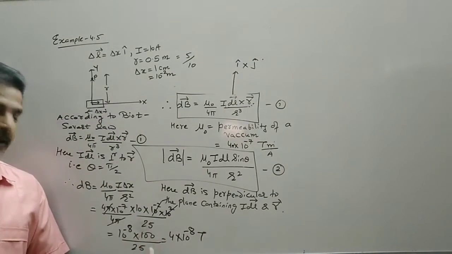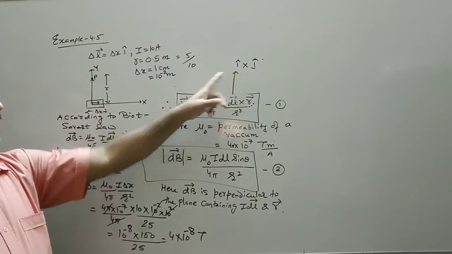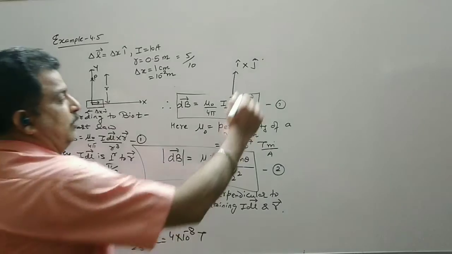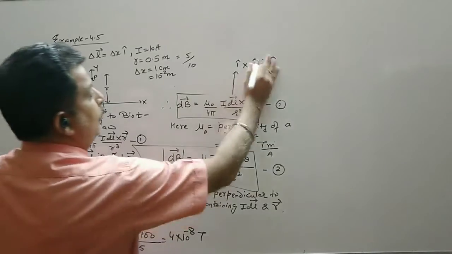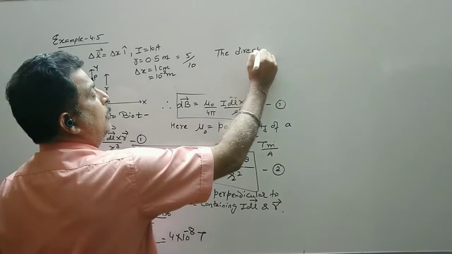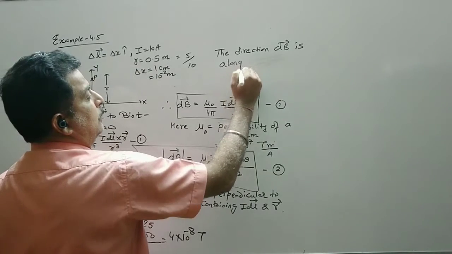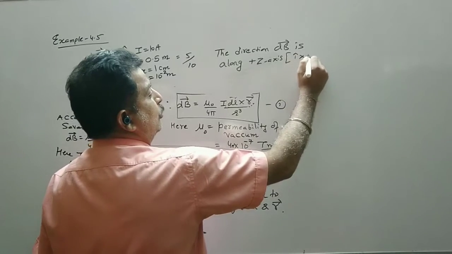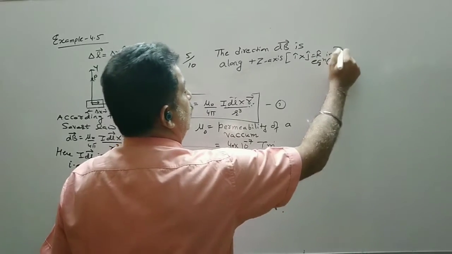So this is the magnitude, and now the direction. It is clear that the dB vector should be perpendicular to the plane. So here i cross j is equal to k cap. So we conclude this numerical with the direction of the dB vector being along the positive z axis, that is i cross j is equal to k in our equation number 1.